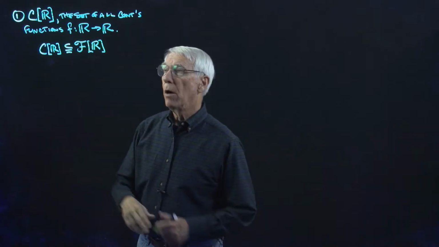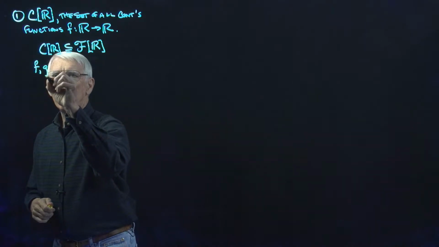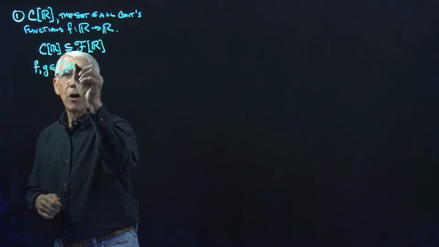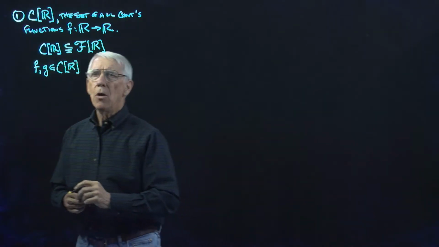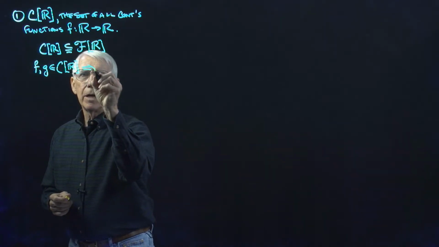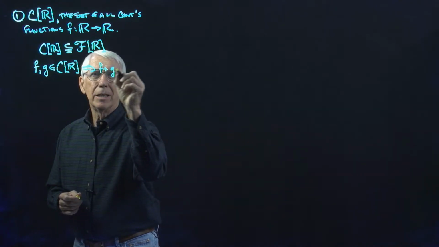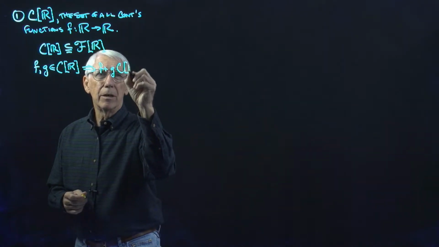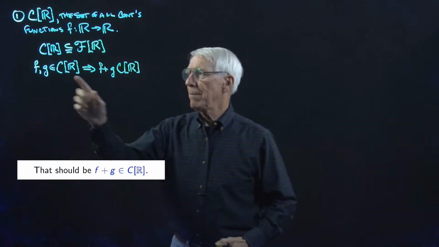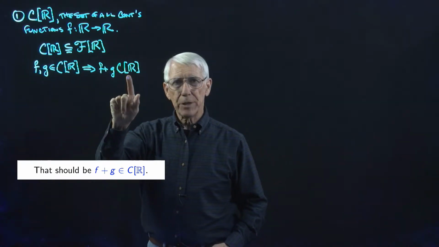What about establishing V1 and V2? What we have to do is say, for any pair of functions in C of R, if these two functions are in here, then f plus g is in C of R. That is, we have to establish that the sum of these two real valued functions is itself a continuous function.